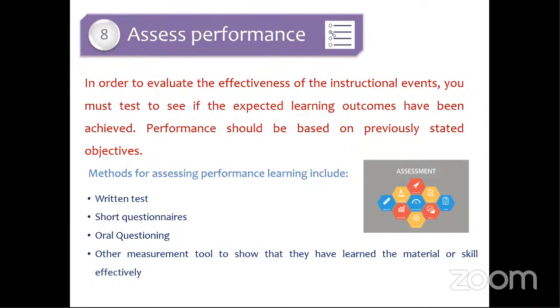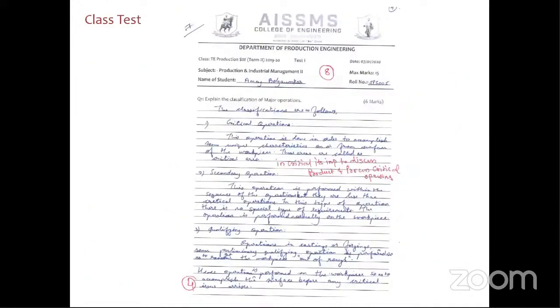So assess the performance. The methods of assessing are very simple, which we use on a day-to-day basis: written tests, short questionnaires, oral questioning, and other measurement tools that show they have learned the material or skill effectively. Let me give some examples.